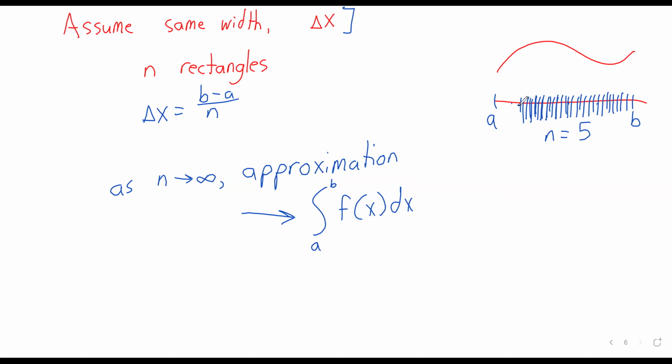So making them all the same width ensures we're not doing anything goofy like that. And so this is the midpoint rule. These are all a little tedious to do by hand, but let's look at an integral we could take not using the midpoint rule.